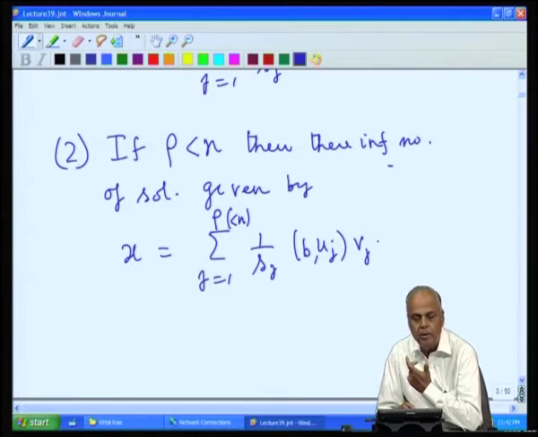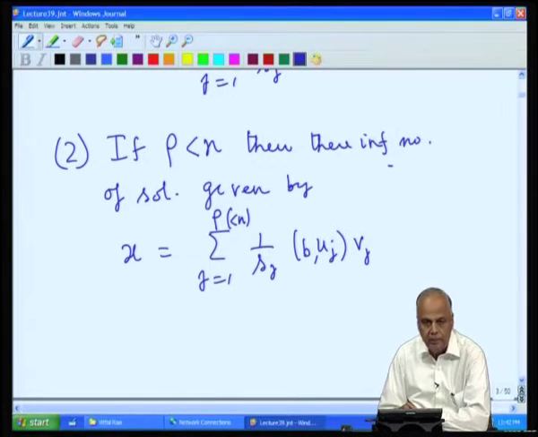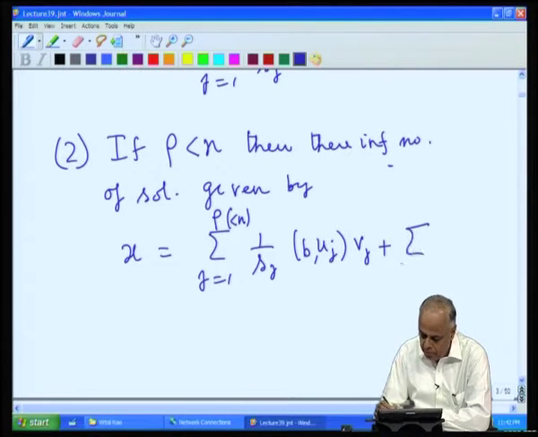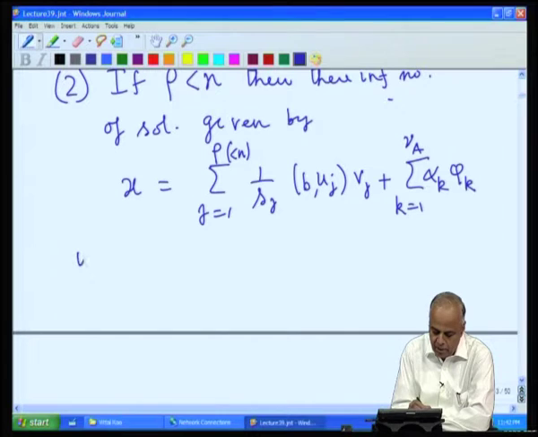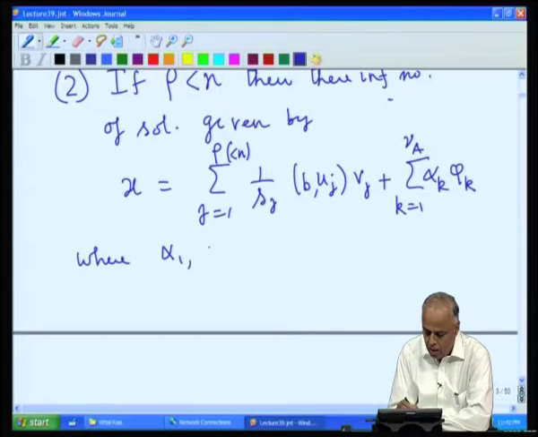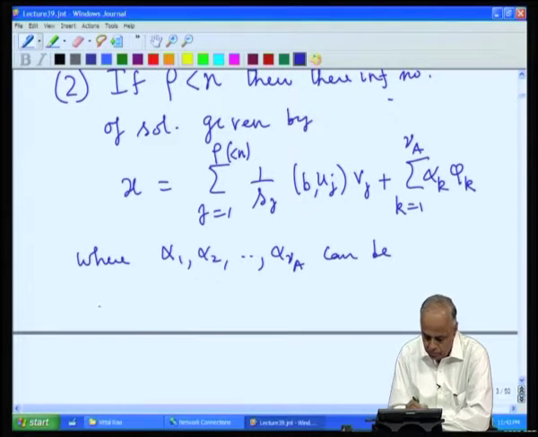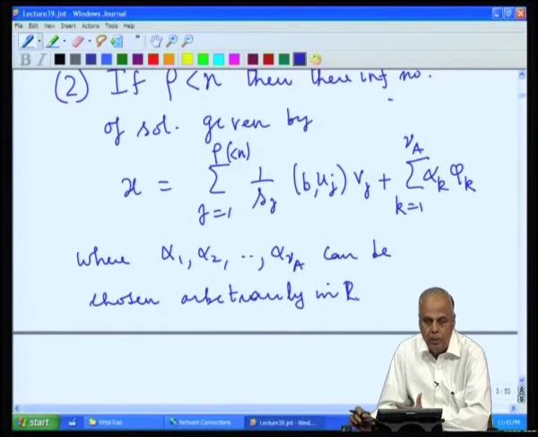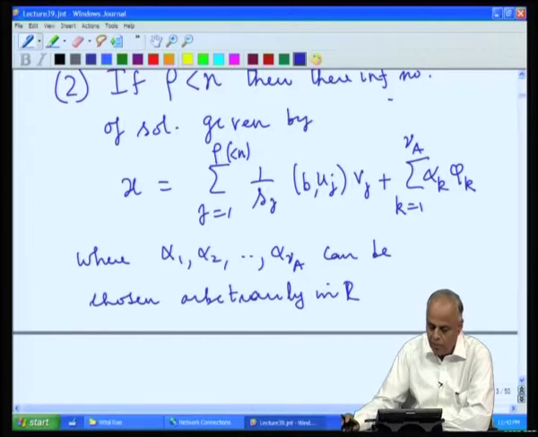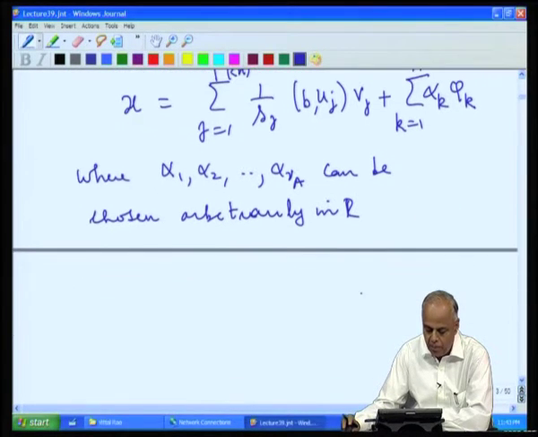The <b, u_j>'s are the components of b in the direction u_j, plus summation k equal to 1 to nu_A alpha_k phi_k, where alpha 1, alpha 2, ..., alpha nu_A can be chosen arbitrarily in R. So, when rho was equal to n, we got a unique solution; when rho is less than n, we get infinite number of solutions.